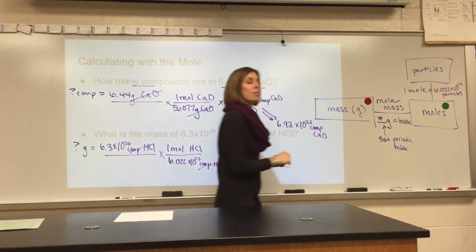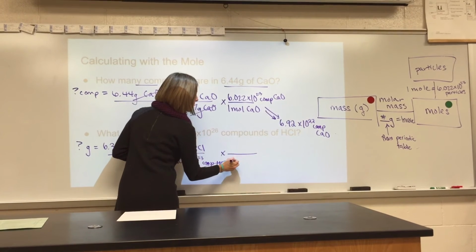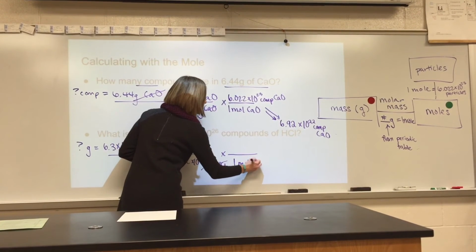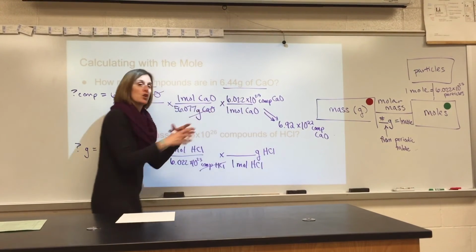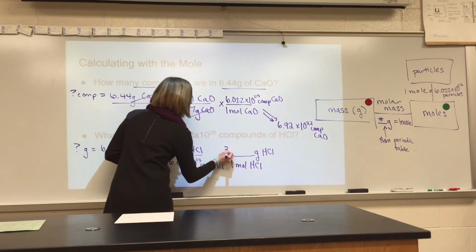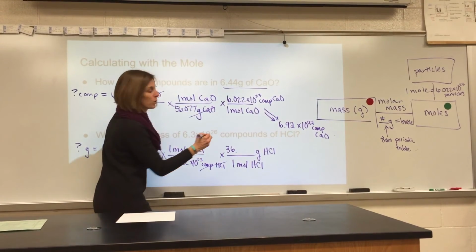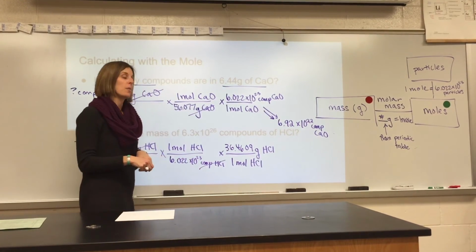So now I can use my molar mass to convert it into grams. So again, I know with my molar mass conversion, 1 mole of HCl is going to be equal to some number of grams of HCl. And I'll use my molar mass skills from the periodic table numbers to get an answer of 36.4609 for the molar mass of my HCl.